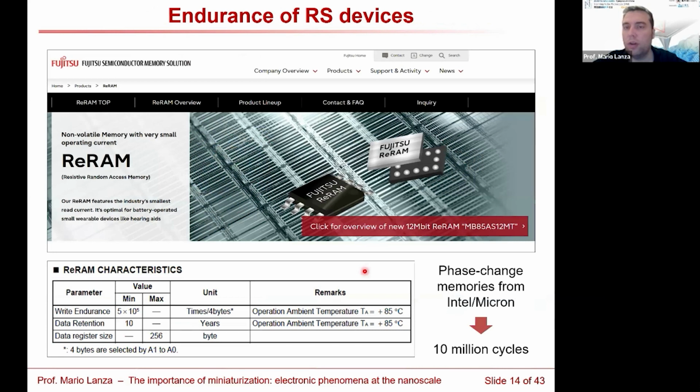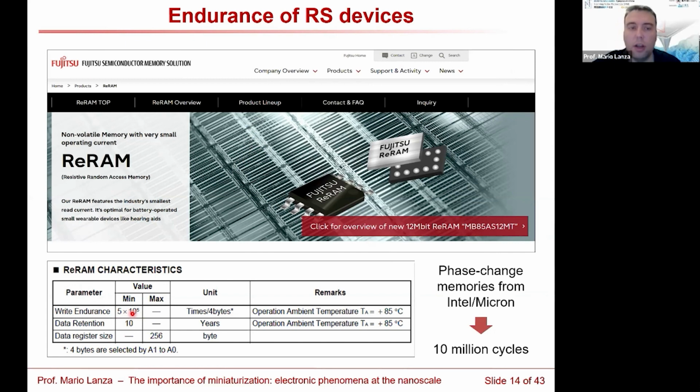So let's see what is the main challenge of these resistive switching memories. If you go to the shop to buy resistive switching memories, here we go to the website of Fujitsu, and we check what are the properties that the manufacturer gives in the data sheet. So if you go to product line, and then you click on the data sheet, and then you go to the write endurance, you see that it is 500,000 cycles.